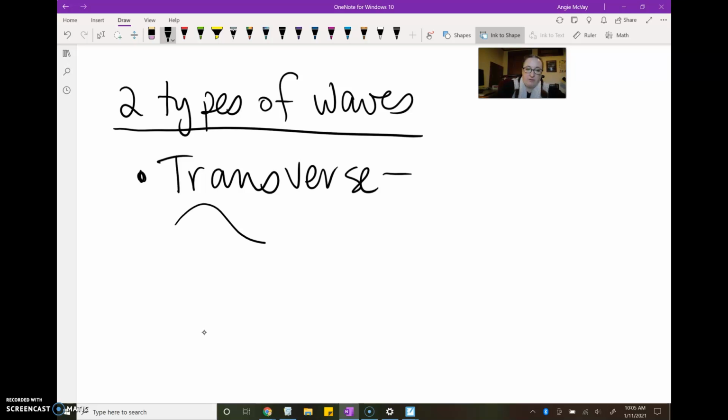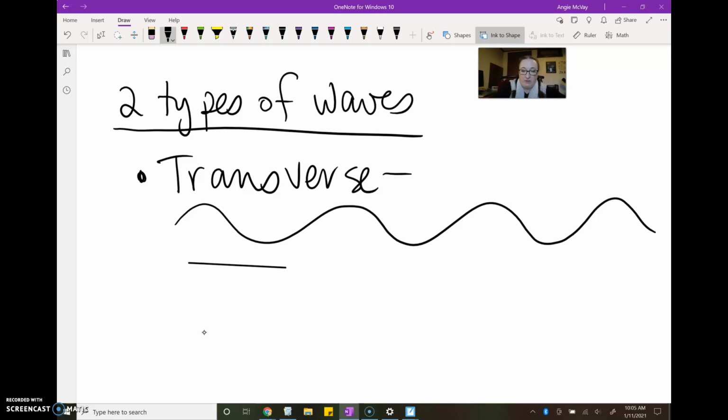Transverse is like a wave on a string, where the direction of wave propagation is perpendicular to the direction of particle oscillation. The energy is traveling down the string, but an individual particle is just bobbing up and down.